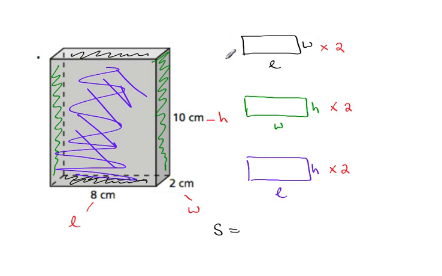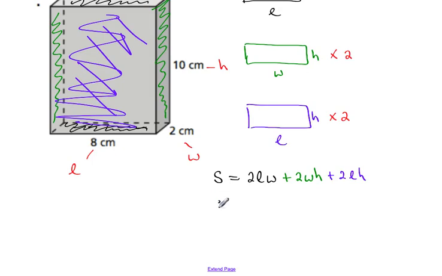So now that we have that concept down, the surface area, which is denoted by S, is equal to the first one, which is 2 times length times width, plus my second one here, which is 2 times width times height, and lastly the third one here, which is 2 times length times height. We have all our dimensions. We have a list of everything we have.